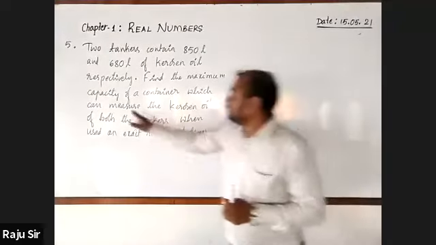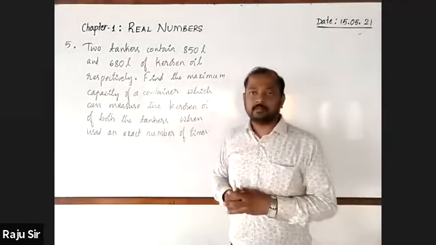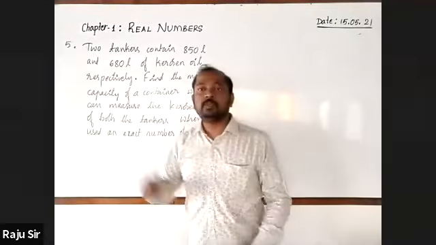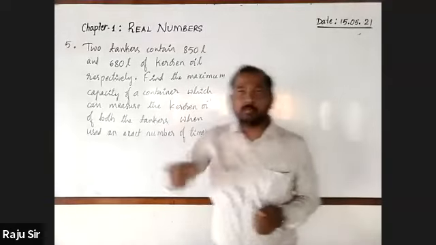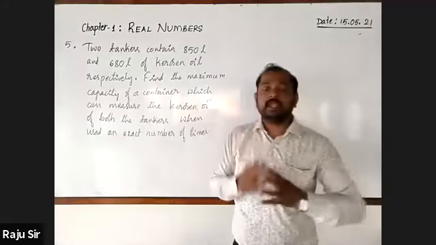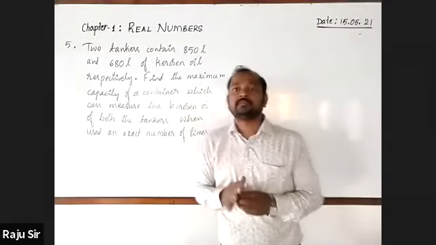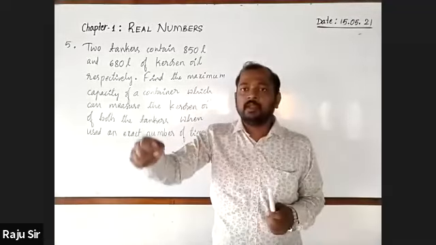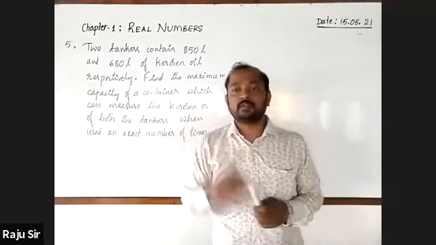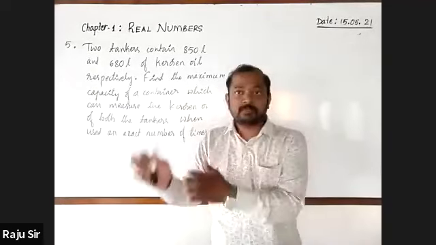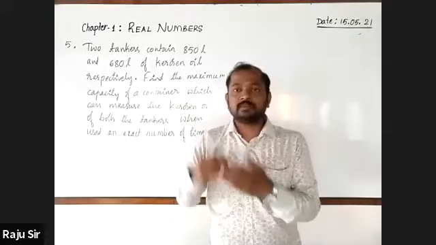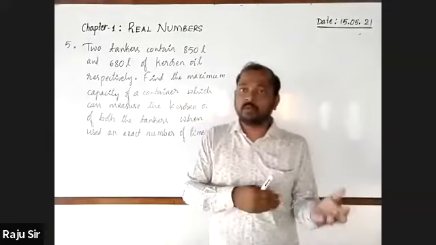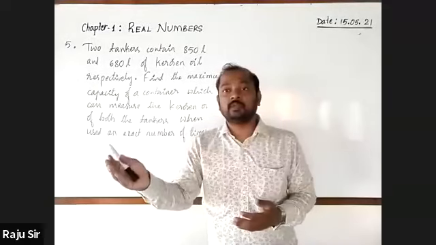Means you are going to use a container to empty the kerosene oil present in both the tankers. And when you are emptying, it should be an exact number of times. There should not be half an amount of kerosene oil in the container. It should be emptied 10 times, 20 times, 30 times, 21 times, not 21.5.